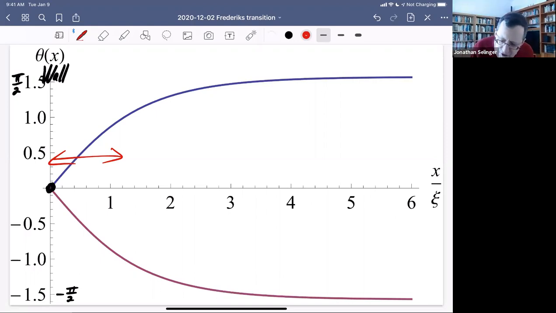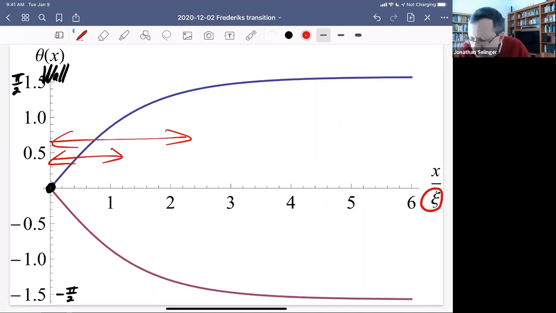You could define the transition region to be this big, or maybe you would define it to be that big. It doesn't really matter. The point is that the characteristic scale of the transition region is given by this length xi. So xi is the length scale of that transition region, and it gets the name of the magnetic coherence length.